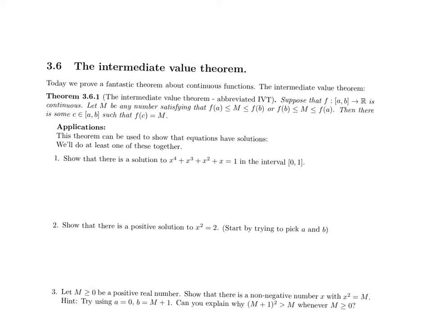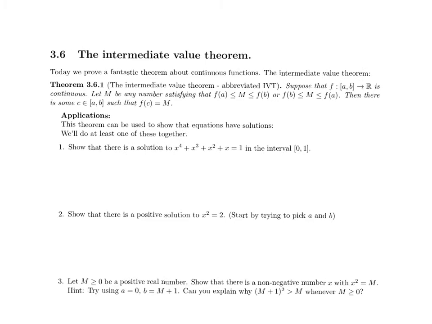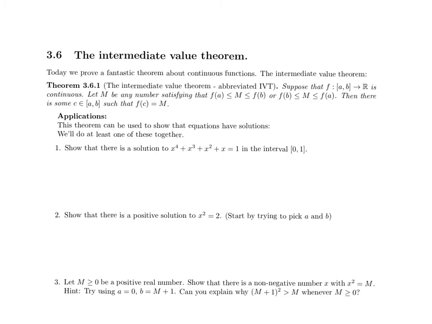So let's just go ahead and remember what the IVT says. The intermediate value theorem, abbreviated IVT, says the following. Suppose that f from [a,b] to R is a continuous function, where by [a,b] I mean a closed bounded interval. Let m be any number that satisfies either that f(a) is less than or equal to m is less than or equal to f(b), or f(b) is less than or equal to m is less than or equal to f(a).